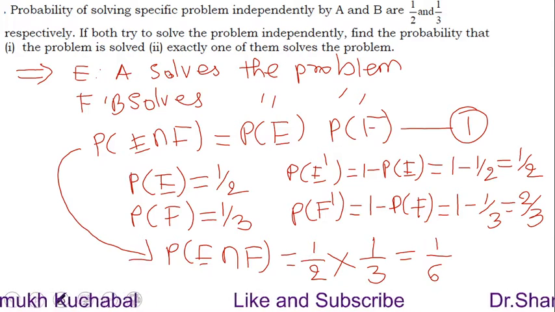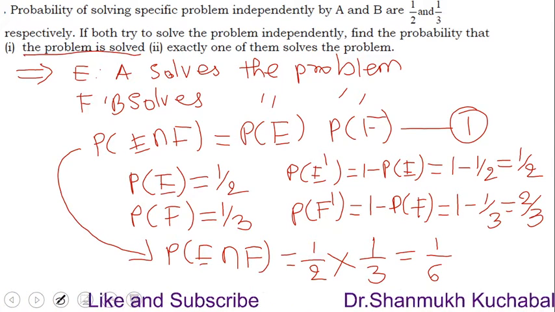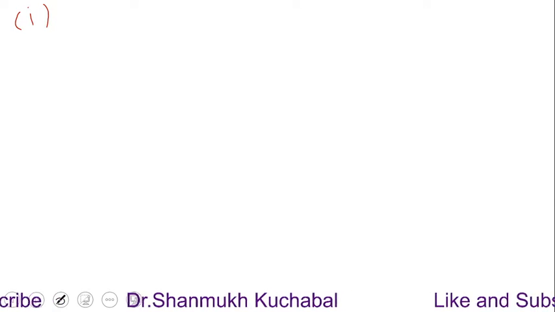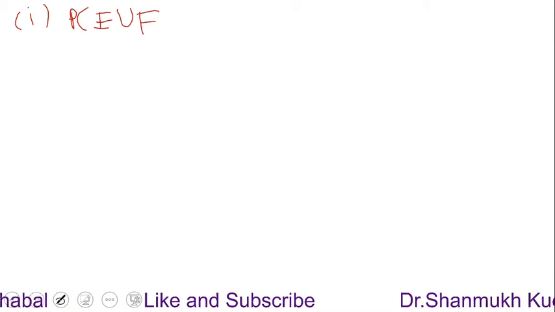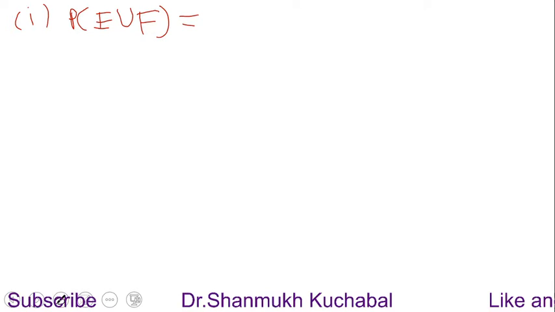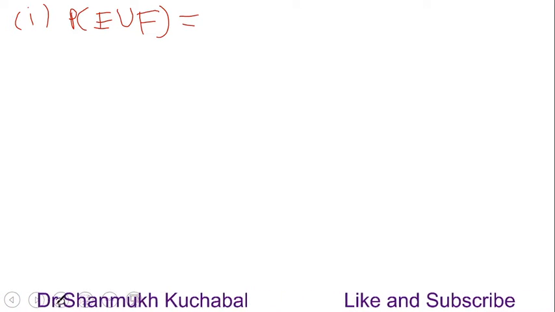Now we'll solve the first sub question. The problem is solved, that we have to calculate. So the required solution is probability of E union F. The problem is solved means the problem is solved by A or B, and 'or' we know is a union.